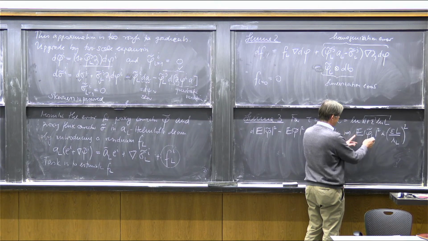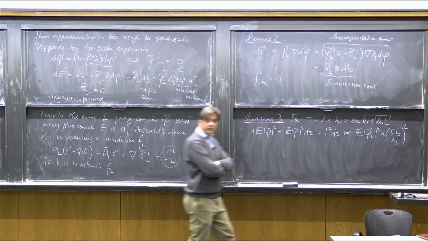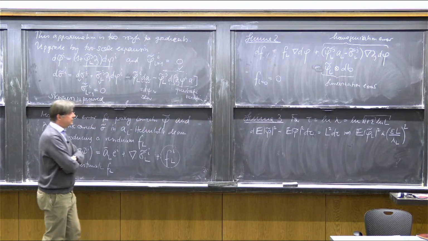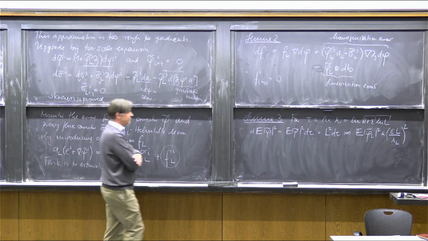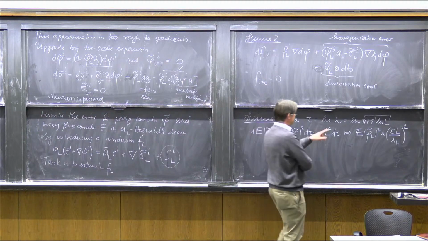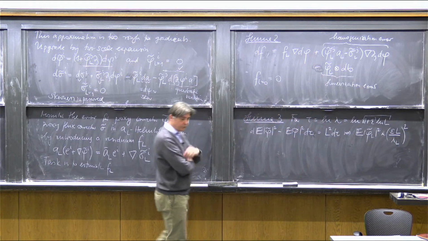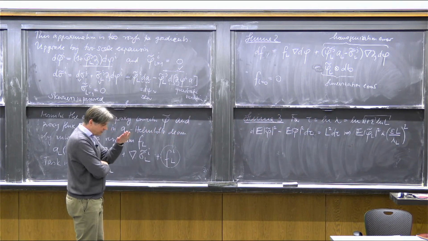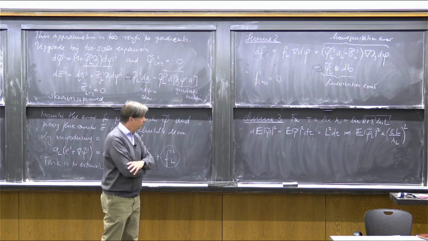Here, sublinearity means that this thing grows less than L squared. But as you can see, to leading order in L, it does grow like L squared. It's just by a logarithm in L that it's a little bit slower. So you're really working on this thin line with logarithms.